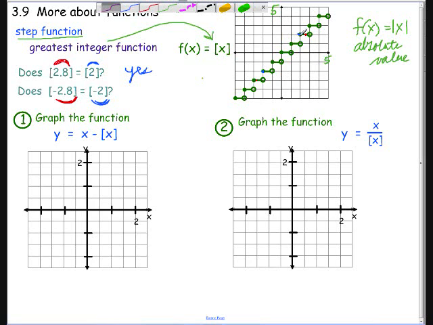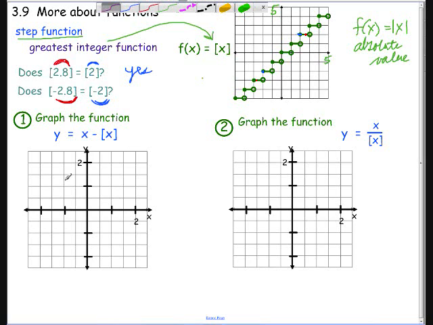When it gets to 2, it jumps up again, and then it stays equal to 2 until the input is 3. That's why it's called the greatest integer function. It gives you just the integer until you get to the next integer.